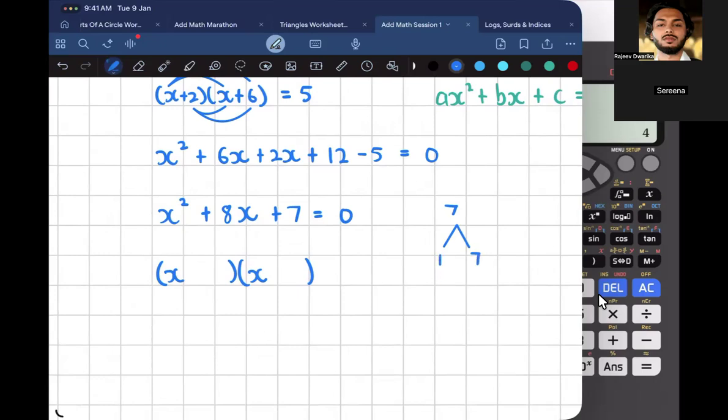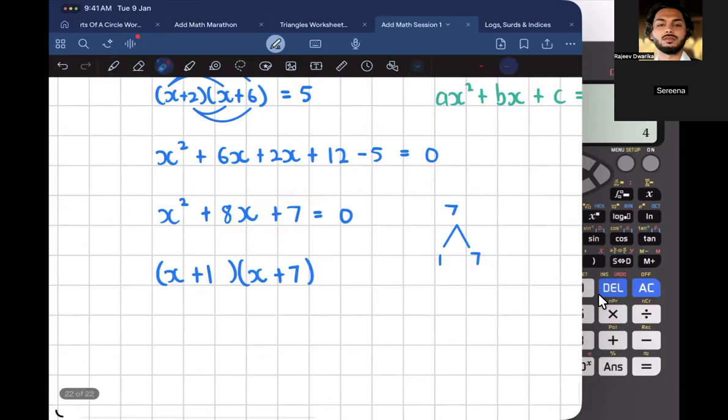And if I add 1 and 7, what would I get? 8. So does it sound correct? Yes, because 1 by 7 multiplies to give me the last term and it adds to give me the middle term. So it's definitely correct. It doesn't matter where you put the plus 1 and the plus 7 because both of them are positive. It'll work out regardless.